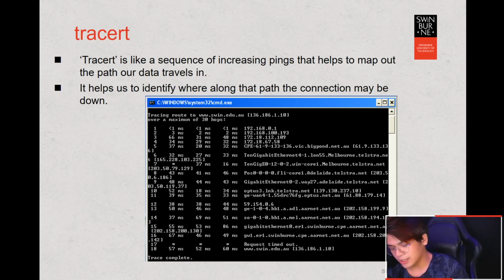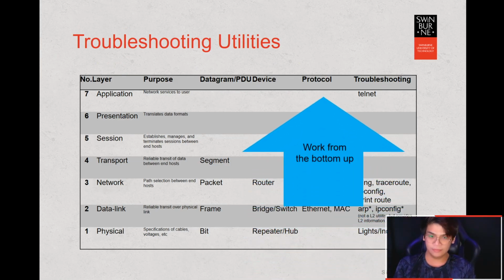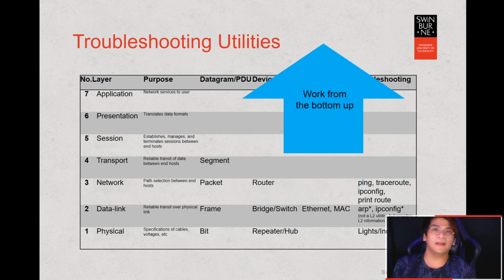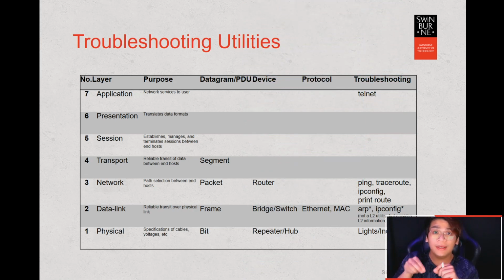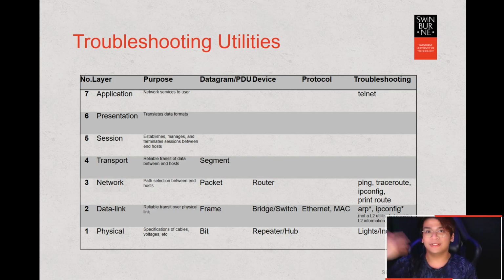And you can use traceroute to trace which route your packets take through the network. When you troubleshoot, you troubleshoot from bottom up, meaning you check the wire, your Wi-Fi connection and so on, then you check your IP addresses, and then your DNS addresses and default gateway addresses, and then you check the other things afterward.